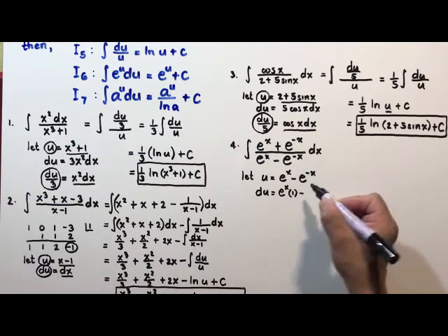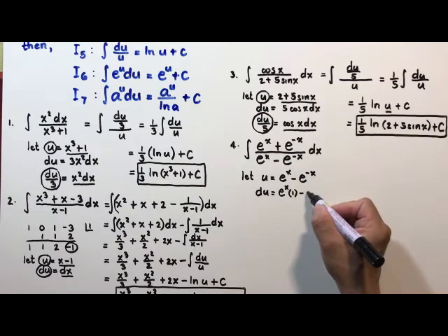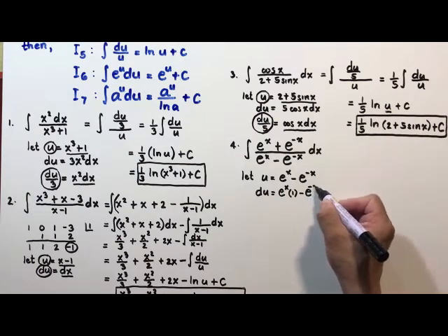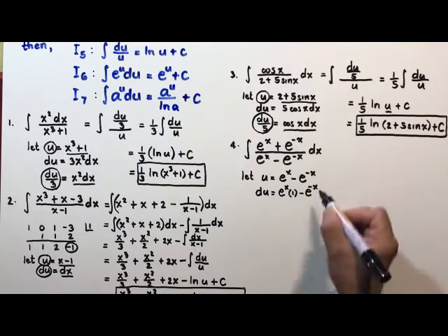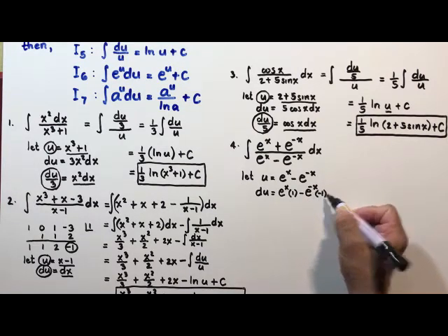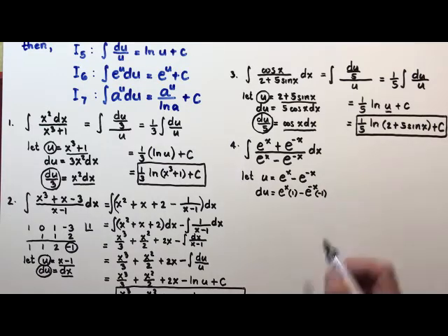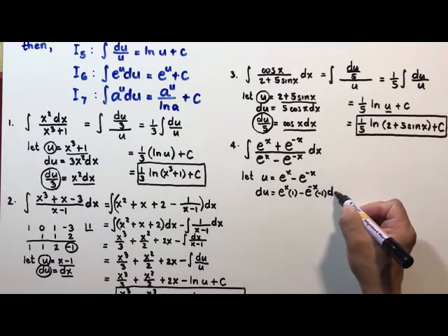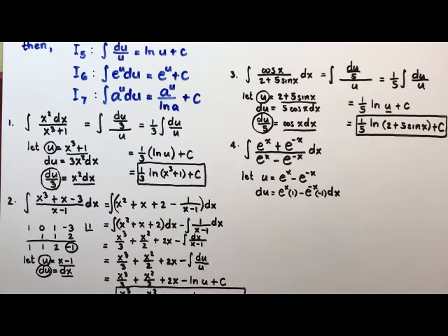Also, the derivative of e to the power negative x is just e to the power negative x times the derivative of negative x, which is negative 1 by the chain rule. And of course, because this is a differential, there is dx.